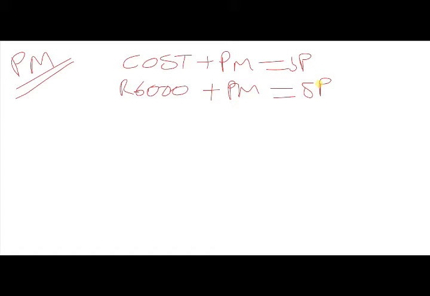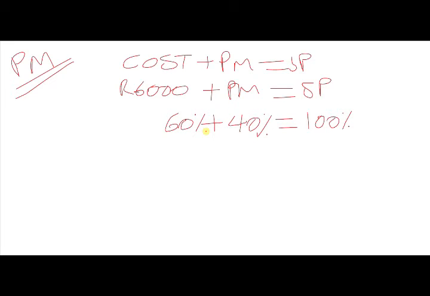But from the question, we were told that the profit margin is 40% on selling price, which means the selling price would be 100%. And then the percentage value of the cost is 60%, just 100 minus 40.